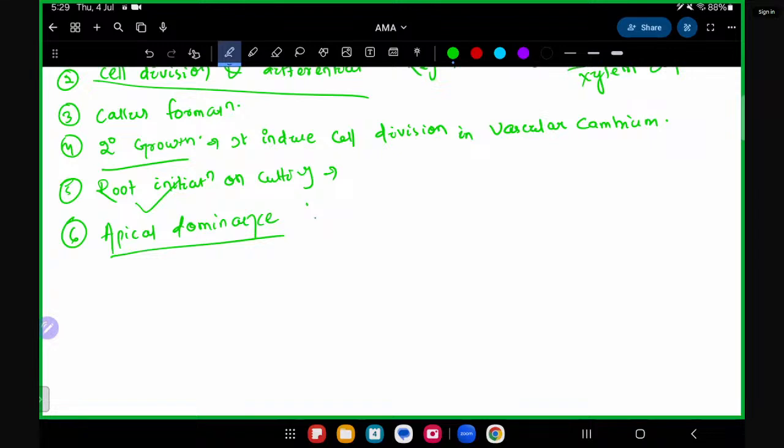Okay. So, this is a plant. If there is an axillary bud here, then it inhibits the length of apical meristem. Okay. This phenomenon is known as apical dominance. If the shoot tip is removed, then it induces what? It induces formation of lateral buds. Okay.